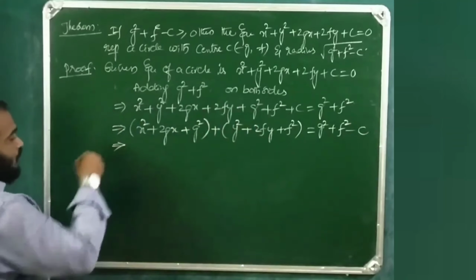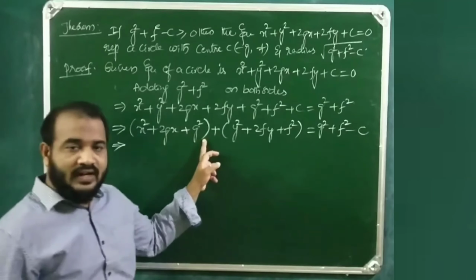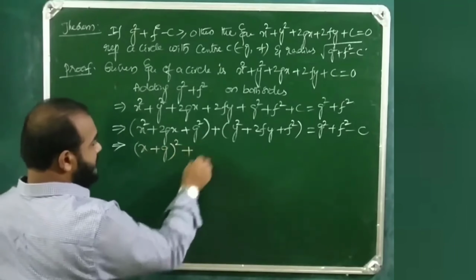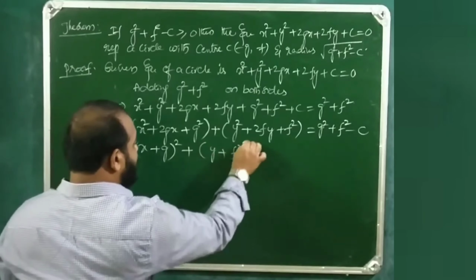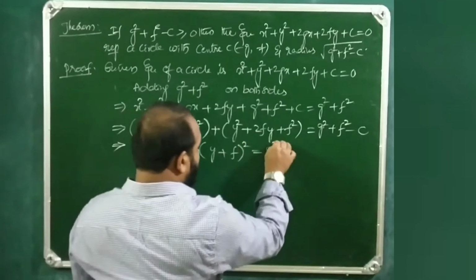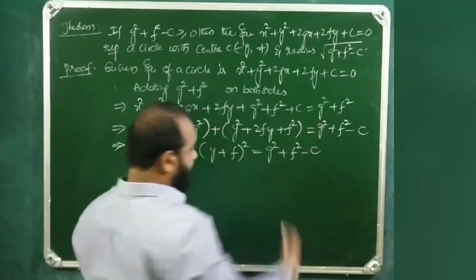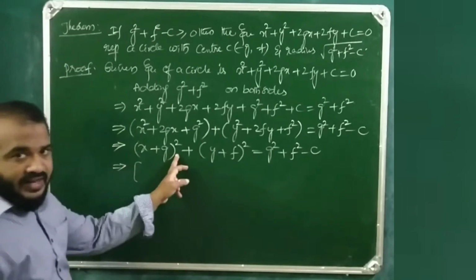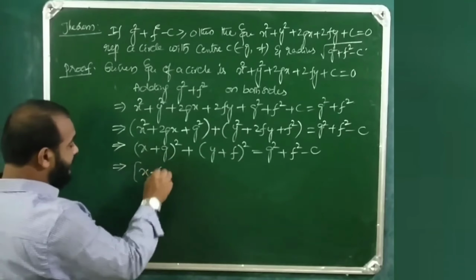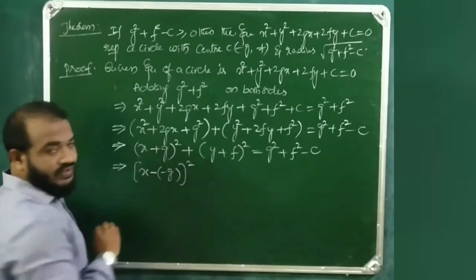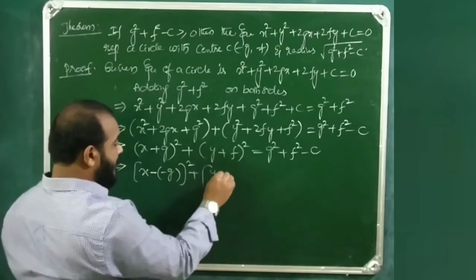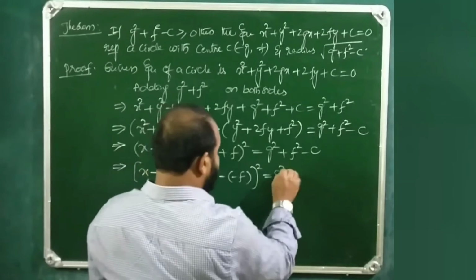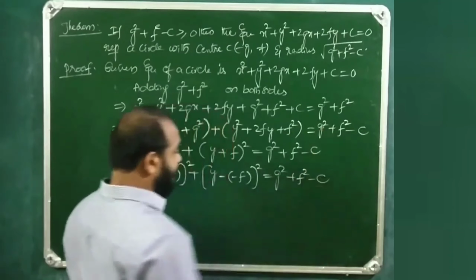Since a square plus 2ab plus b square is a plus b whole square, this is x plus g whole square plus y plus f whole square equals g square plus f square minus c.